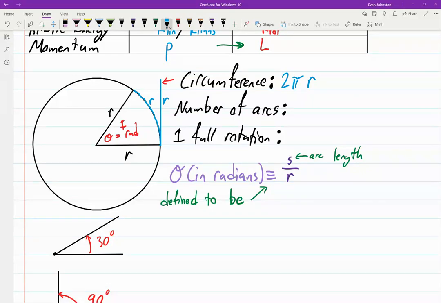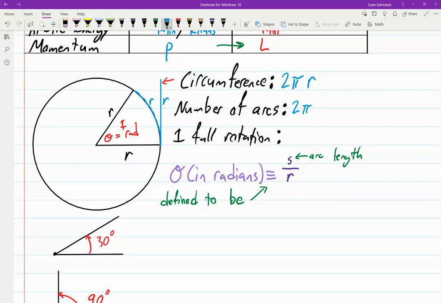If you had 2 times pi of these little blue arc lengths stretched around it, that would cover exactly the circumference. And so if you think about how many arcs it is, we already just answered it. The number of arcs is 2 pi. It is 2 pi many of these radii of the circle.